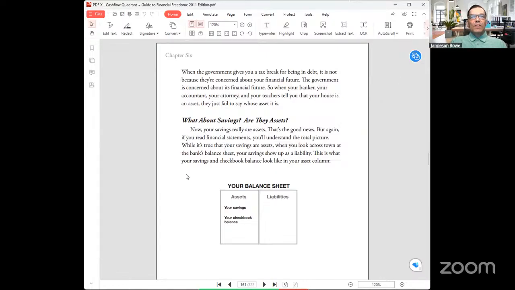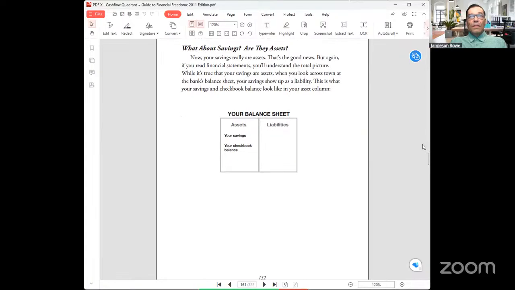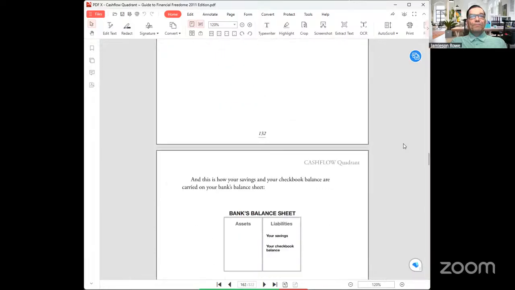While it's true that your savings are an asset, when you look across town at the bank's balance sheet, your savings show up as a liability. This is what your savings and checkbook balance look like in the asset column on your balance sheet.